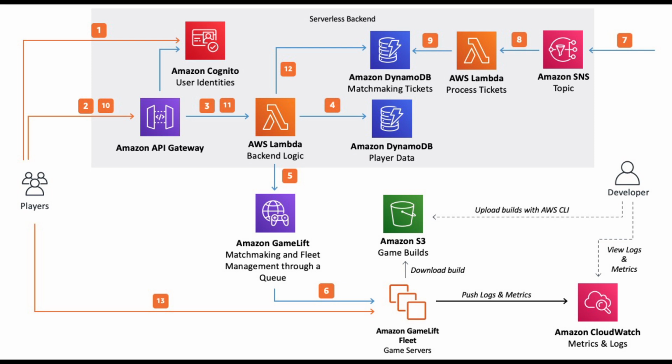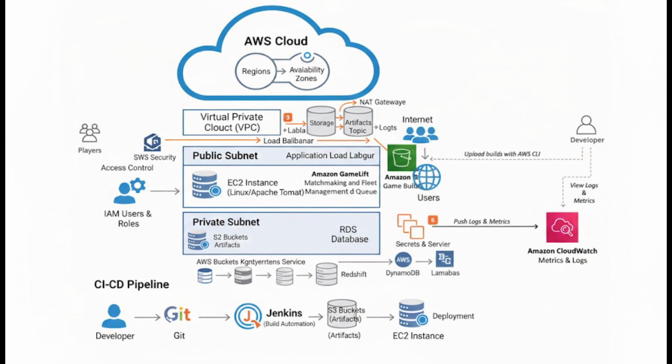Now let us go to S3. It is also one of the highly used AWS services. S3 stands for Simple Storage Service. As it suggests in the name, it is an object storage service. In this we have buckets. These buckets are containers for storing data. Each bucket has its own name and it is unique.